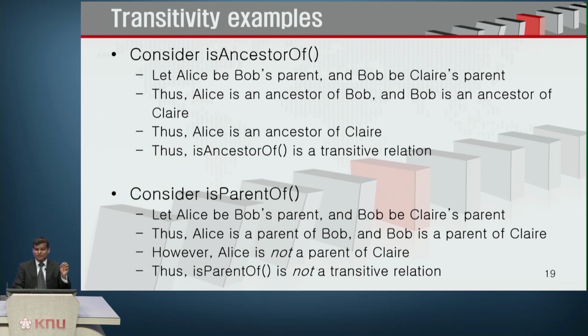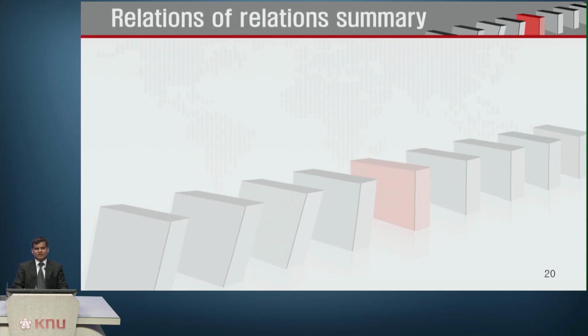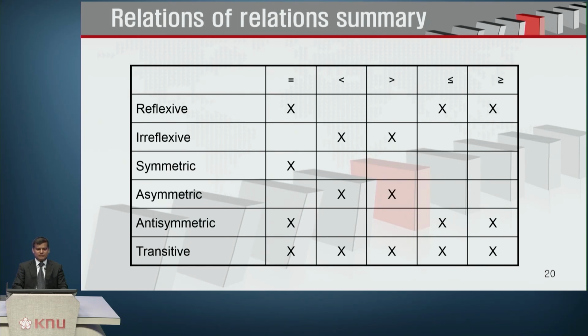So the ancestor-of function gives us a transitive relation, whereas the is-parent-of relation does not. Let us summarize these relations in this table and see which operators signify them. For reflexive, the operators used are equal to, less than or equal to, and greater than or equal to, and for irreflexive, greater than and less than.